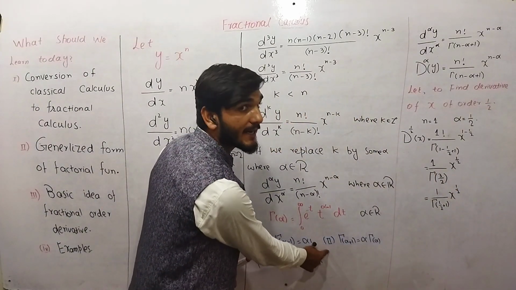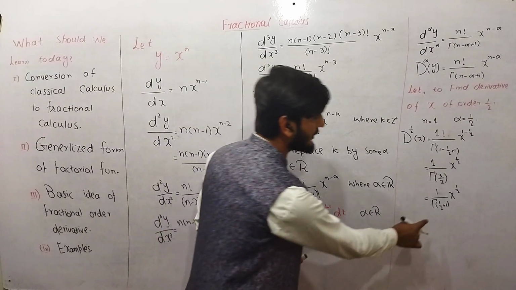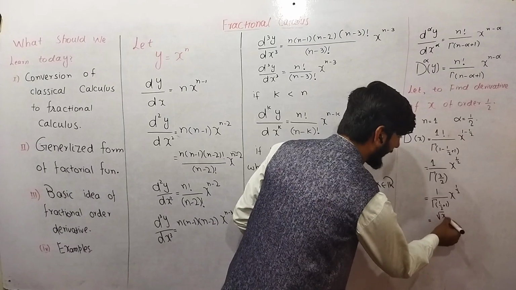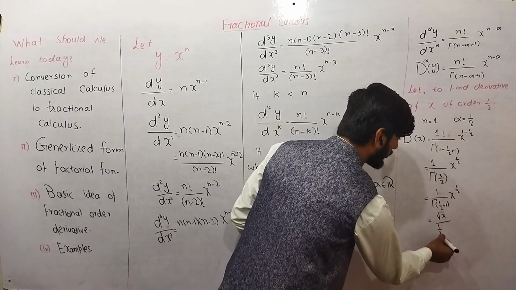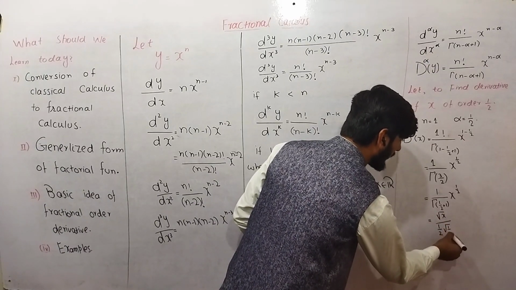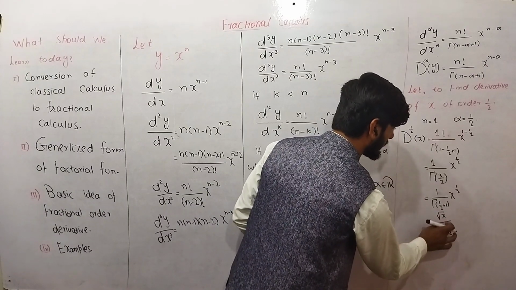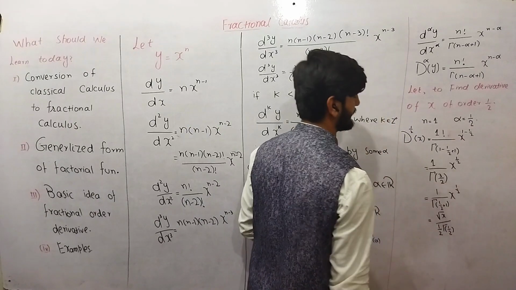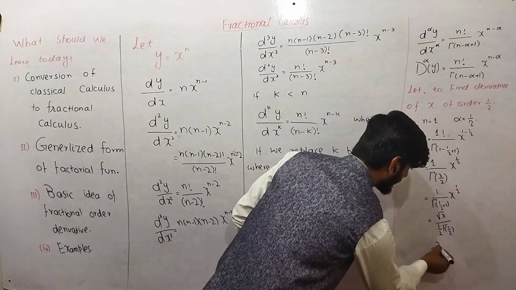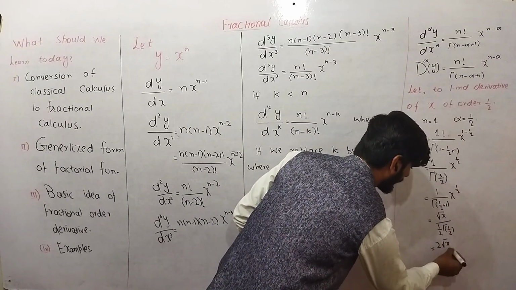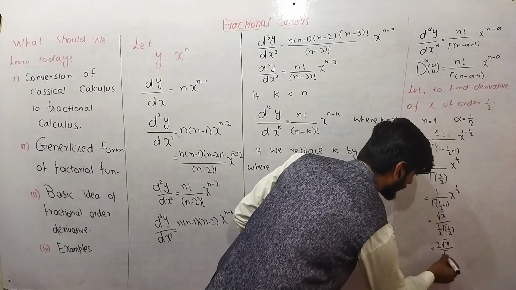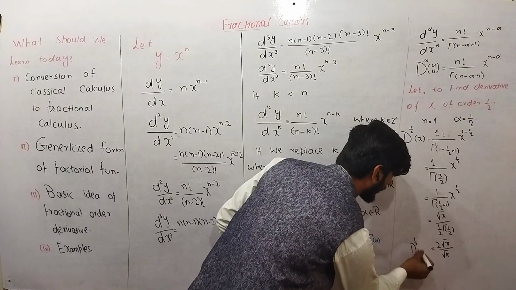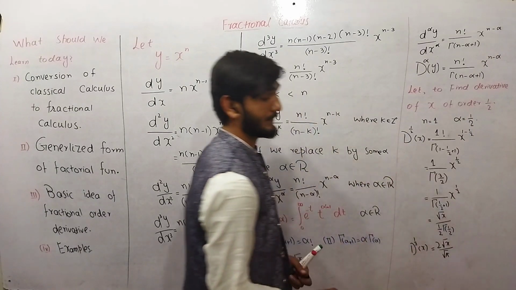By using the second property of the gamma function, we can write it as square root of x over 1 over 2 times gamma of 1 over 2. Sorry, the square root is not there, it is the value of gamma. The result is 2 times square root of x over square root of pi, which is the value of the half-order derivative of x.